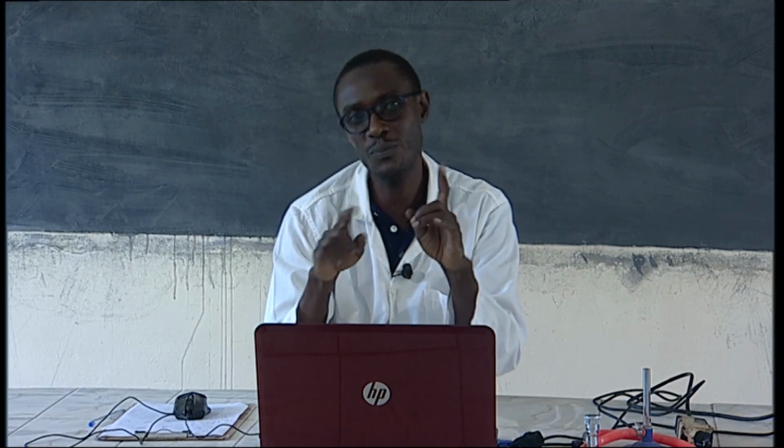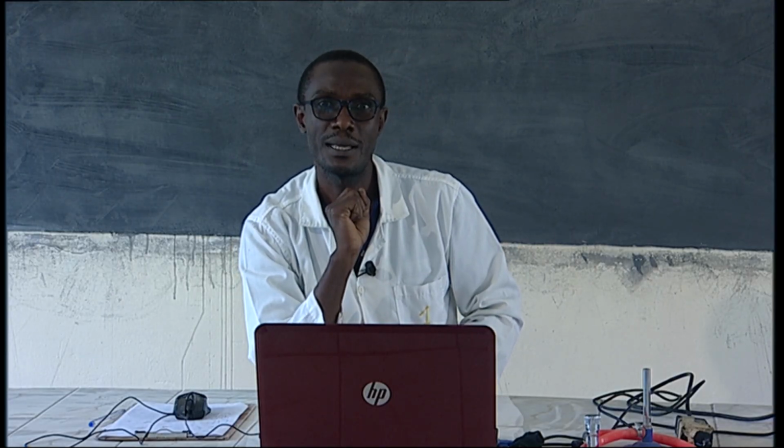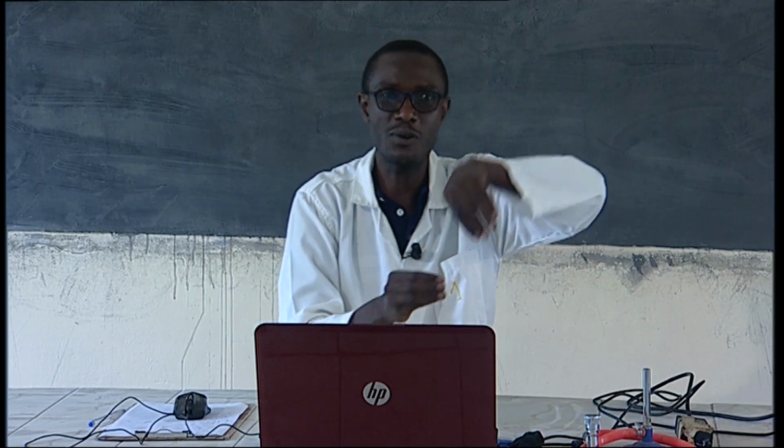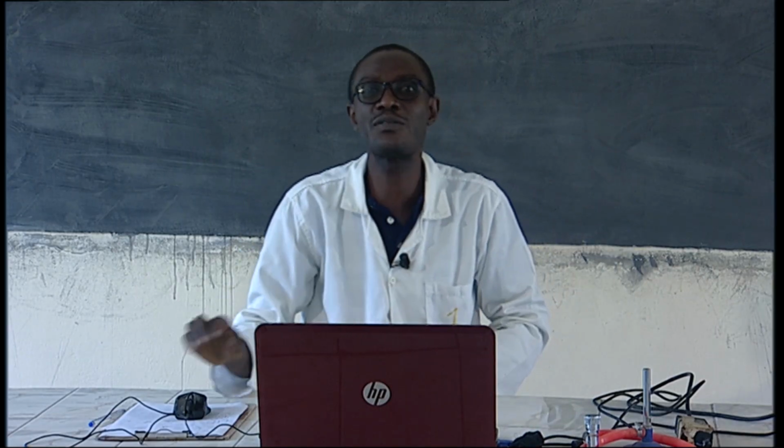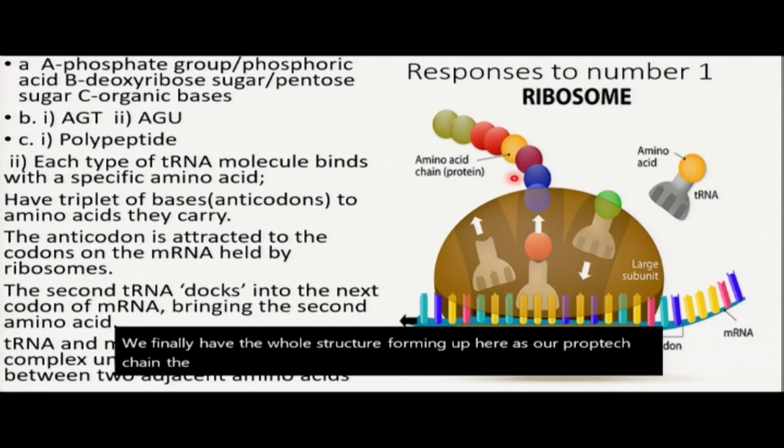Now you need to check the process and look at the statements. One in, another one out, until we finally have the whole structure forming up here as our polypeptide chain, the primary structure of the protein.